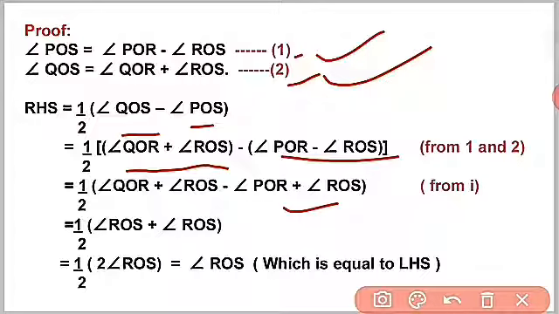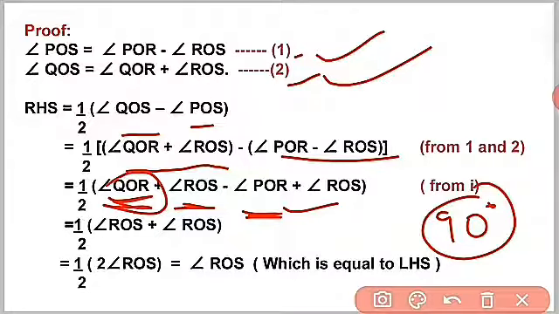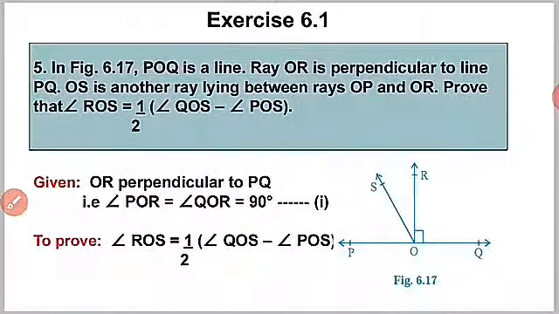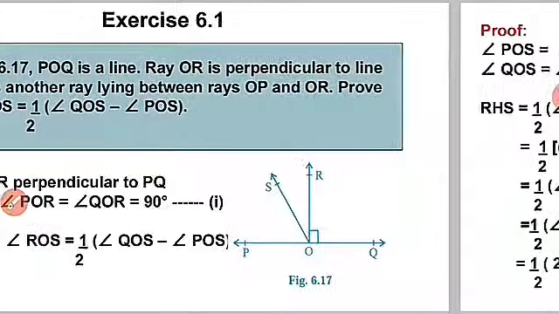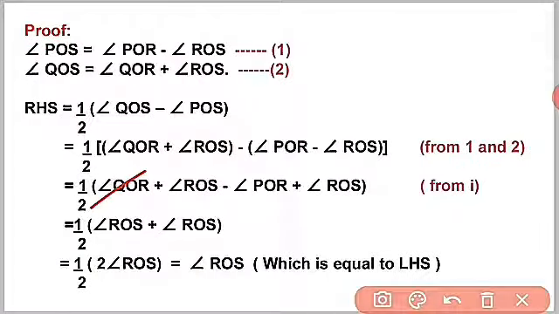So we can see angle QOR and angle POR are both equal to 90 degrees from 1. So we can easily cancel out these two angles and we are left with angle ROS plus angle ROS. These two angles will make 2 angle ROS. So half of 2 angle ROS is angle ROS, so both these two will cancel and we are left with angle ROS.